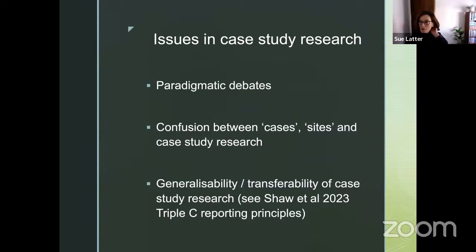And the feedback we got was that wasn't enough, and how could we generalize from so small a number of cases? The problem is if you go bigger, you can do it, but you need a lot more resources, and you run the risk of your case studies being much thinner in data and not actually adequately explaining context. But there we are. So those concerns about numbers are still out there.